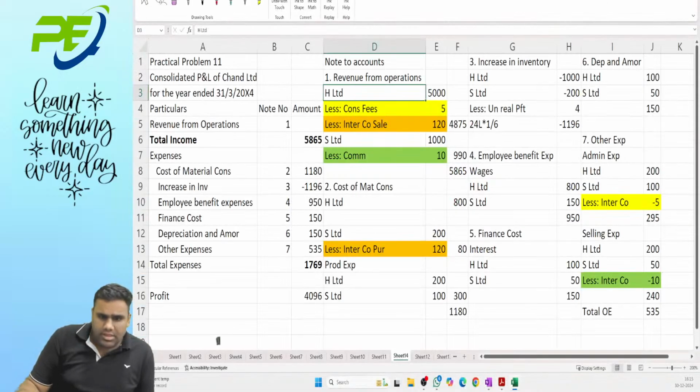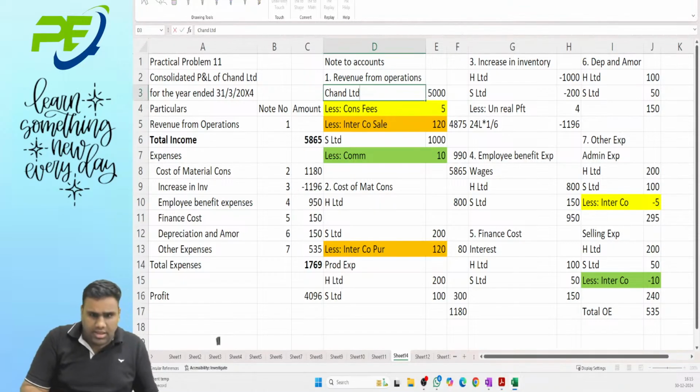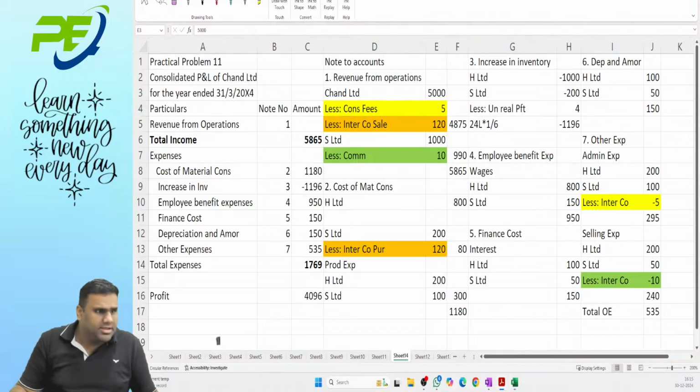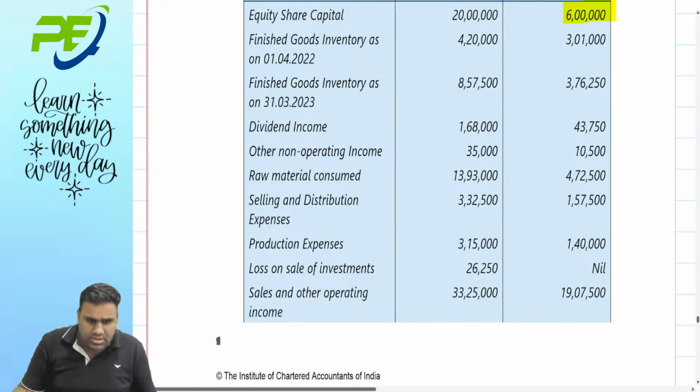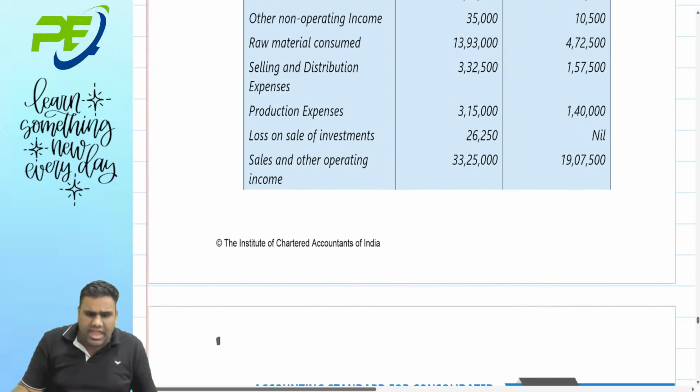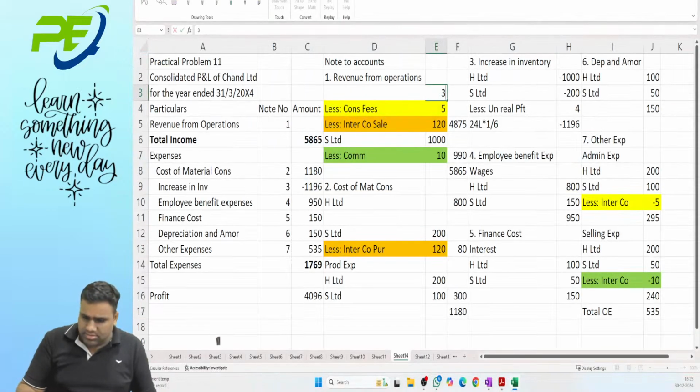In Chand Limited, the amount of revenue from operations, sales and other operating income, is 33,25,000.